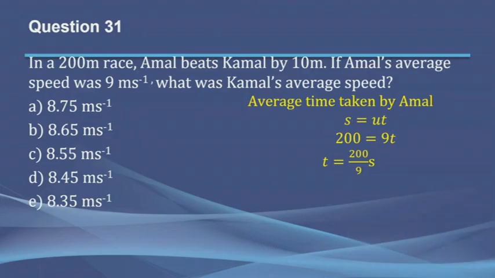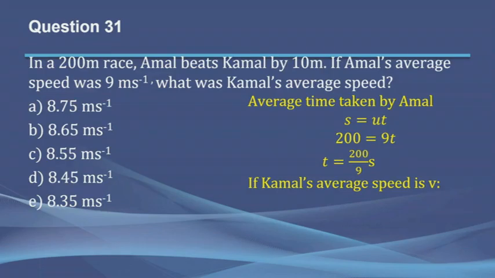If we consider Kamal's case, Kamal takes the same time as Amal, but Kamal is far behind Amal. If Kamal's average speed is V, we already know the time since both Amal and Kamal spent the same time, and we also know the distance, because the question says that in a 200-meter race Amal beats Kamal by 10 meters.